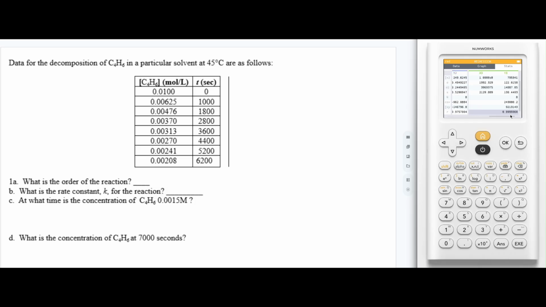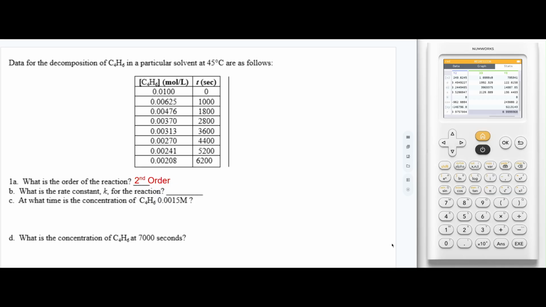As you can see, our third column, the R value, is closest to 1, thus making the reaction a second order reaction. Now we have to find our rate constant K for the reaction.